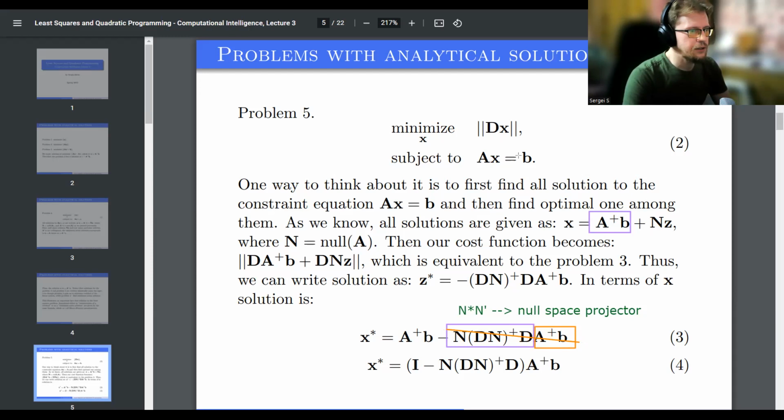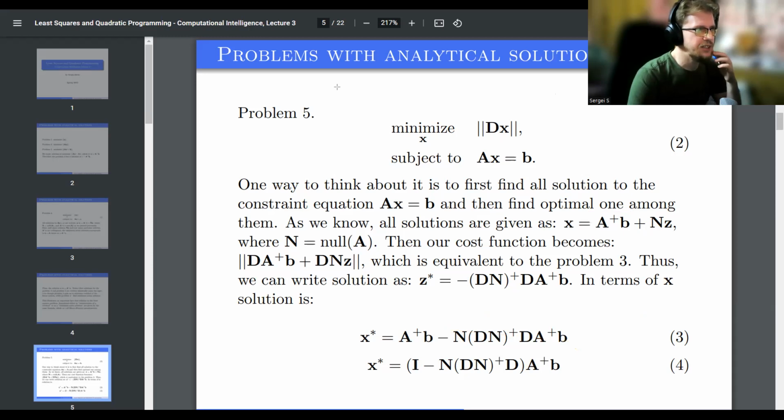Now, what else can we mention? Well, we could imagine, for example, that the null space is identity. So A is a 0 matrix, and its null space is identity. What happens then?